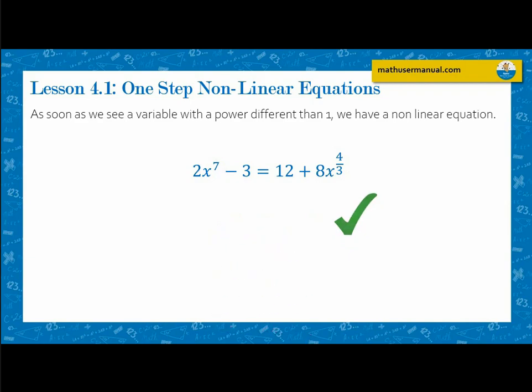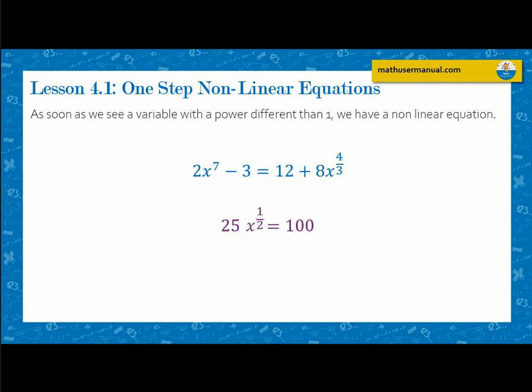Let's clean the board so we can take a look at another example. 25 square root of x equals 100. Let's take a closer look at the square root of x. As we already know from previous units, we can turn all radicals into fraction exponents, and the square root of x turns into x to the 1/2.